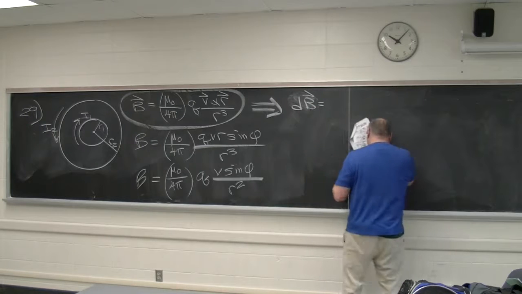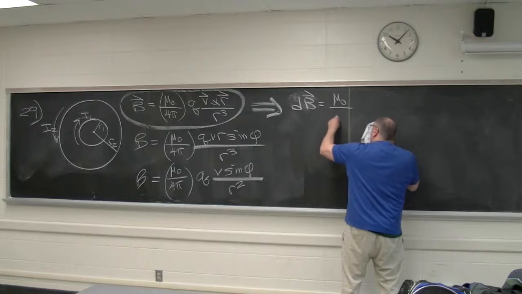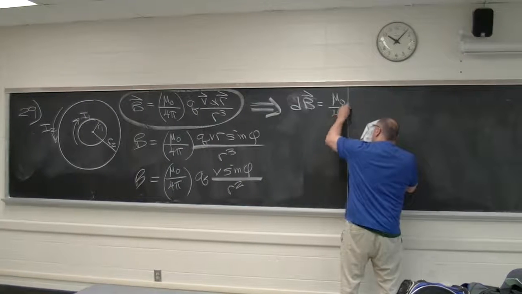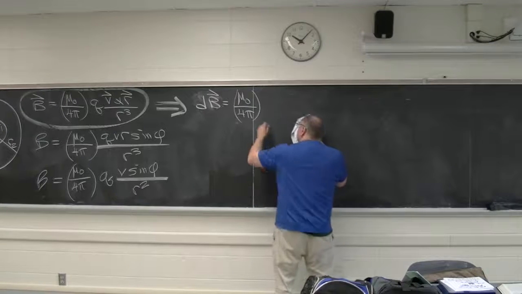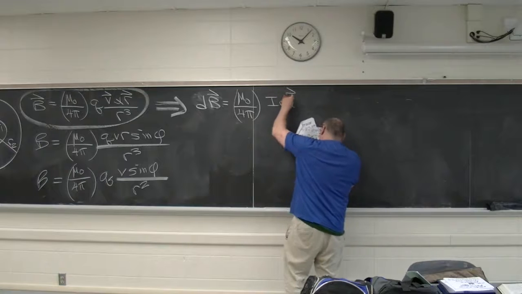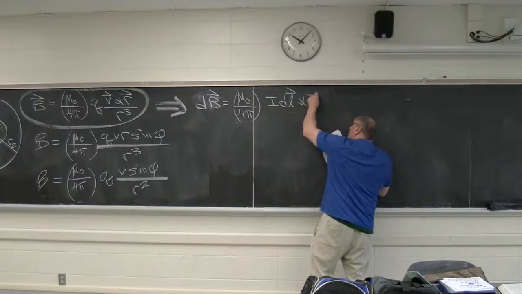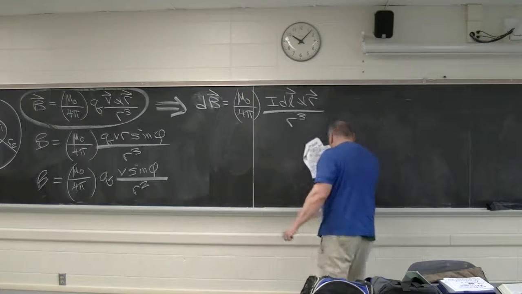dB vector equals mu 0 over 4 pi. Okay, we've been there, done that.